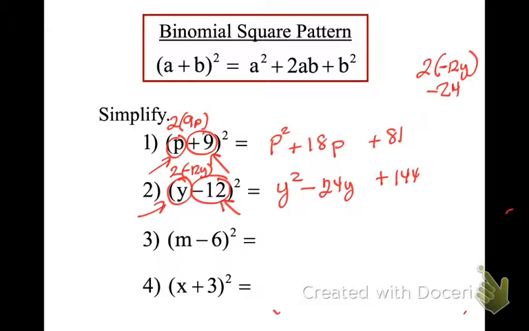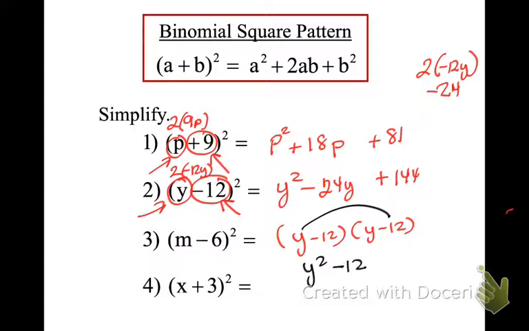And really quick, I'm going to show you down here why we're doing that 2 times. Okay? If I'm doing y minus 12 times y minus 12, when I double distribute, I get a y squared, right? Then I get a minus 12y.